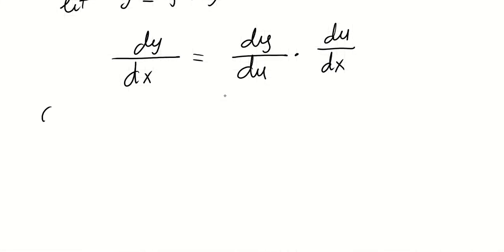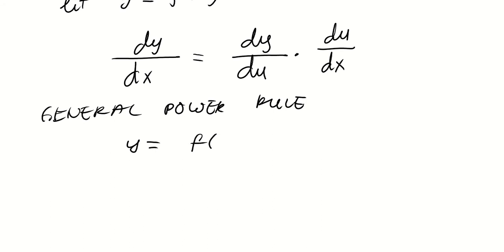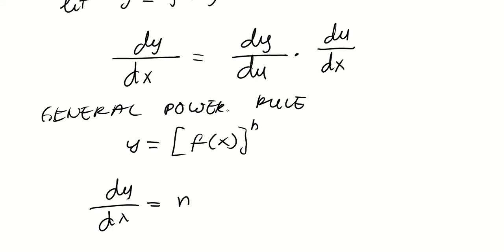So general power rule. If our y is equal to f of x raised to n power, so it's not just x raised to n, the whole function is raised to n. So if we take the derivative of this, it is just equal to n.